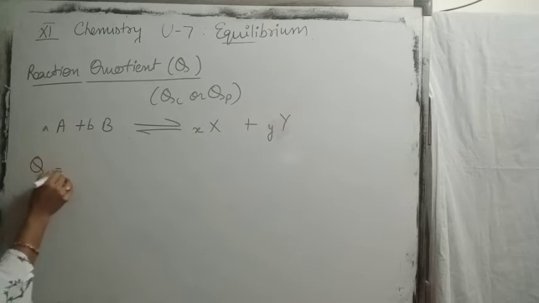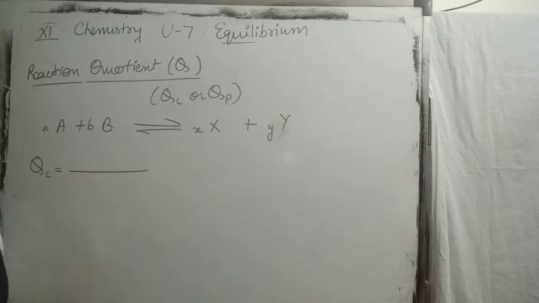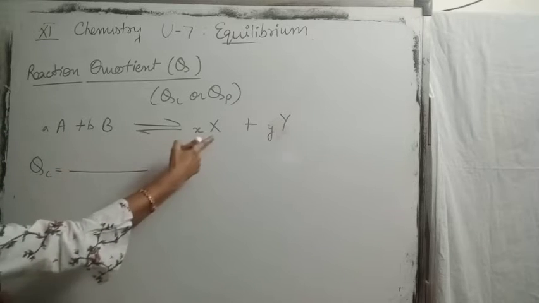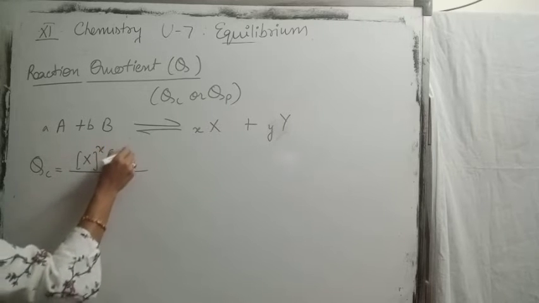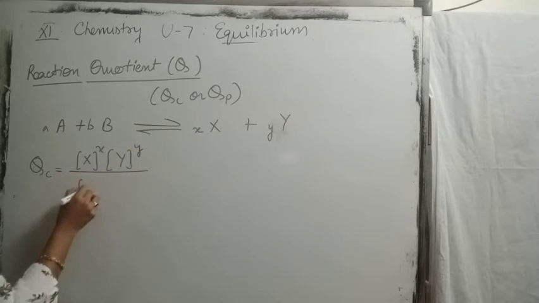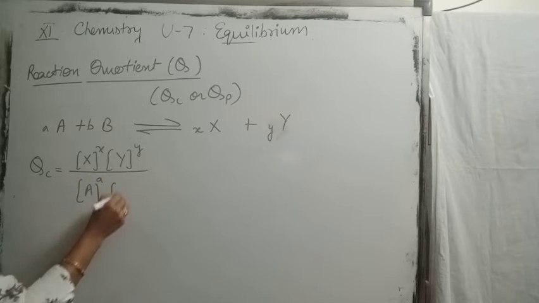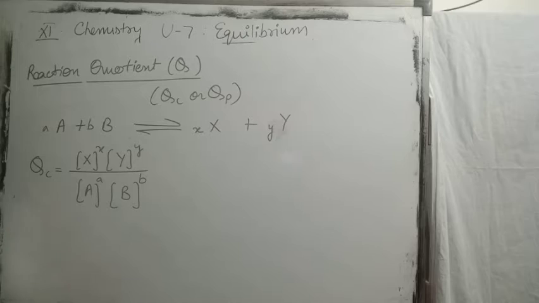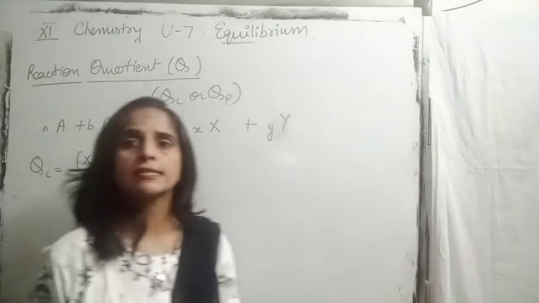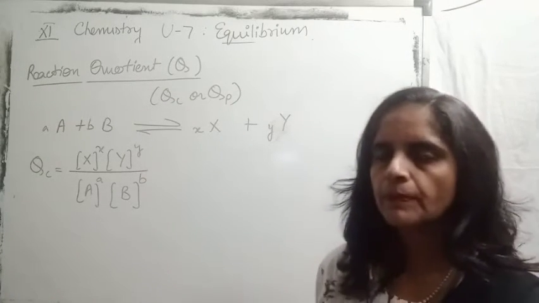The formula to calculate Qc is similar to that of Kc: molar concentration of products divided by molar concentration of reactants.